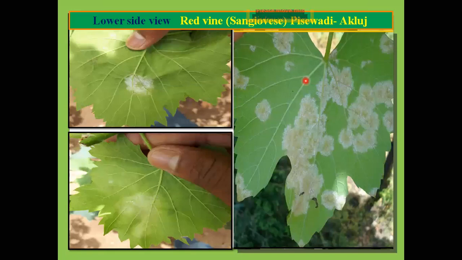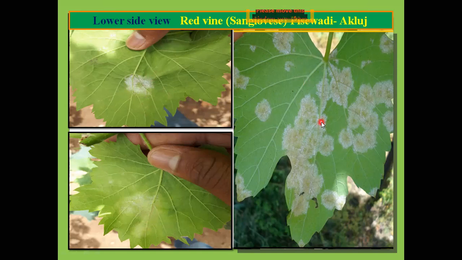Then the pathogen grows inside and develops symptoms on the lower side of the same leaf. On the underside of the leaf, white downy growth of the fungus is seen.